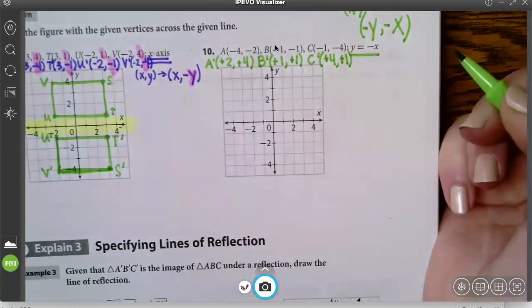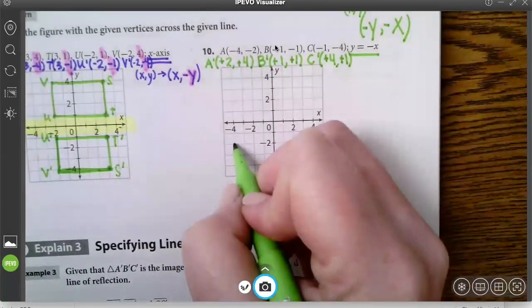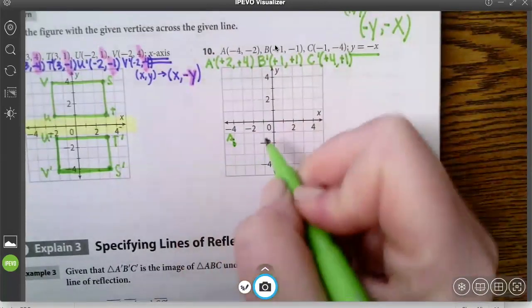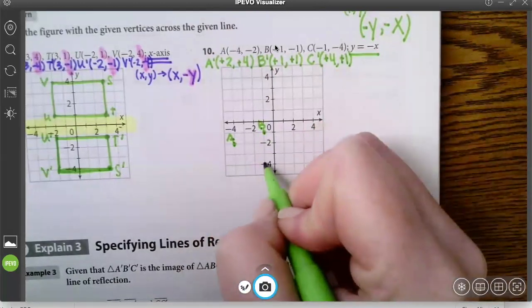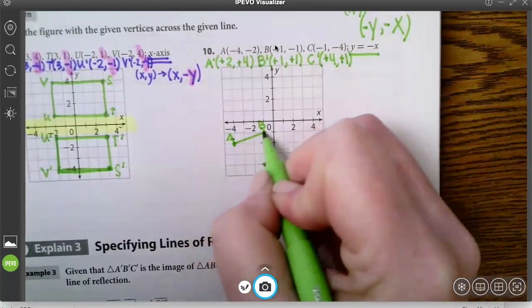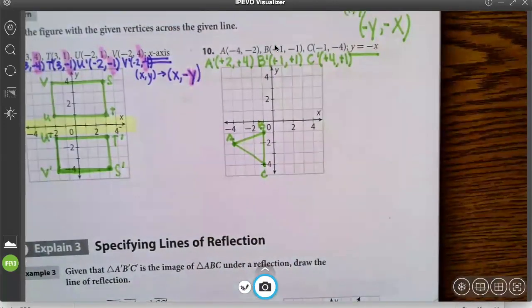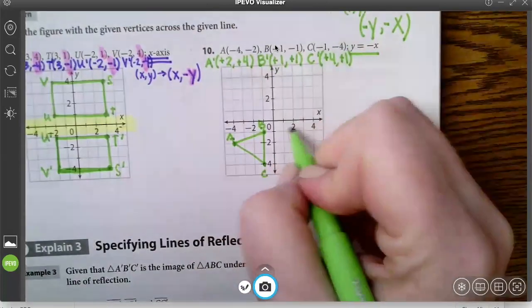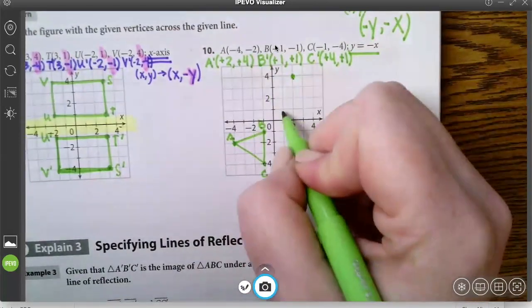So let's look and see what that looks like. If A is at -4, -2, B is at -1, -1, and C is at -1, -4, our original triangle looks like this. A prime is at 2, 4. B prime is at 1, 1.